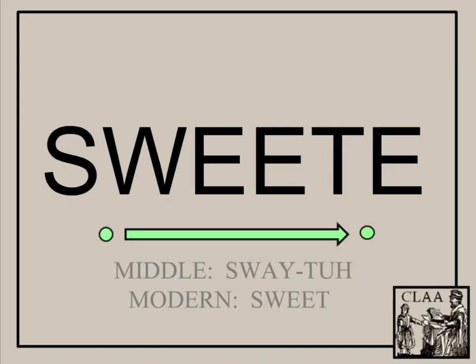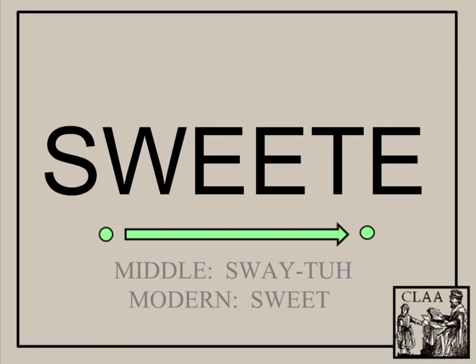In Middle English, we learned that the double E was pronounced as eh, just like the long eh. In Middle English, this word was read as sueta, sueta.